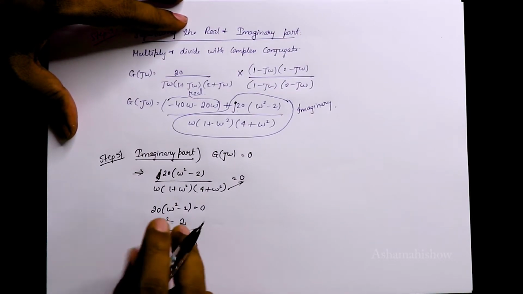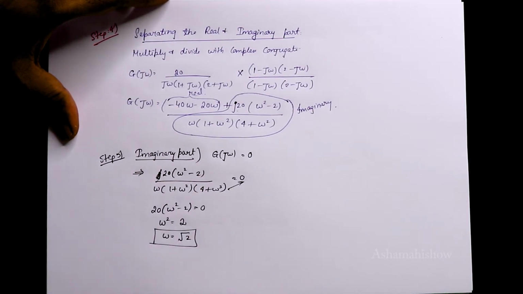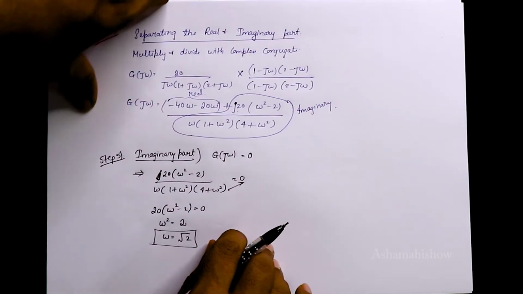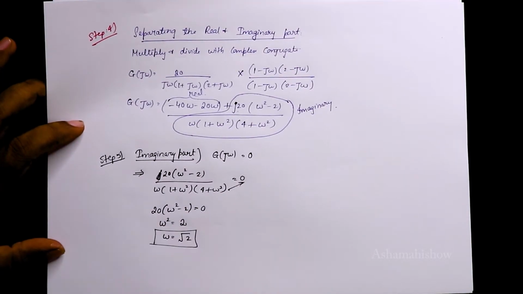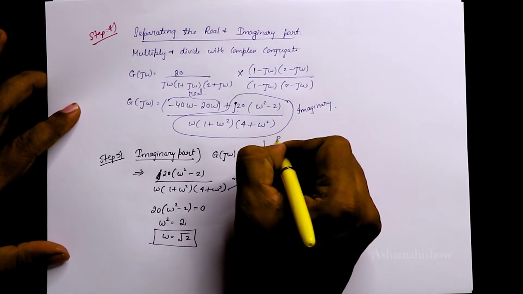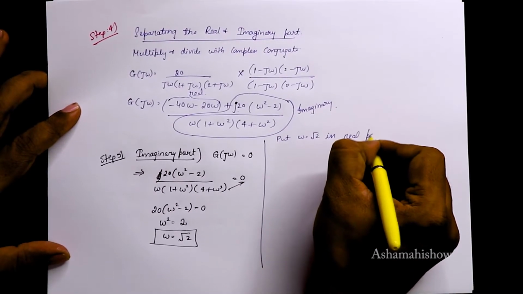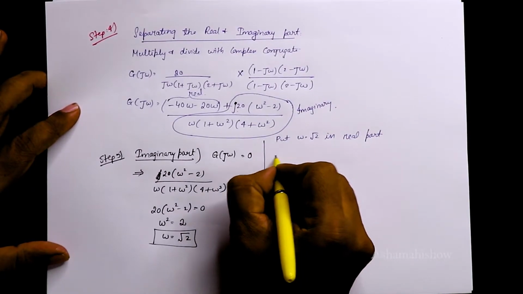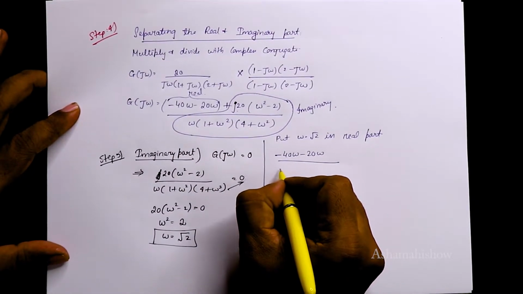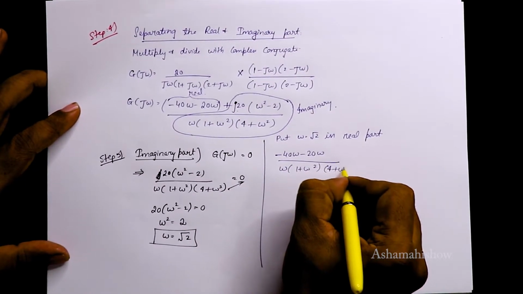Now you put this omega equal to root 2 in magnitude and phase. First of all we keep it in the real part, then we'll go for the magnitude part. Put omega equal to root 2 in the real part. What is your real part here? Minus 40 omega minus 20 omega by omega into 1 plus omega square into 4 plus omega square.